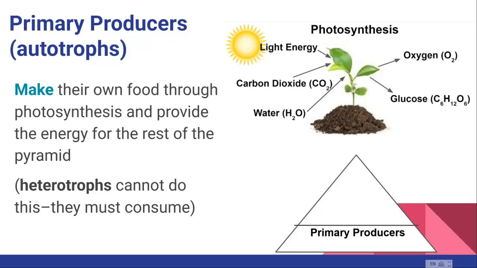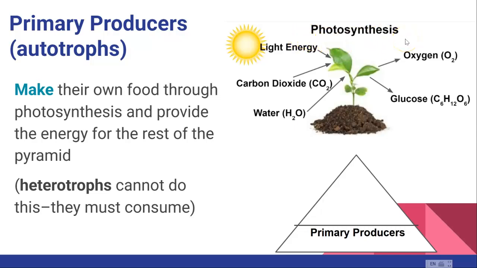So let's take a look at the primary producers. These are also known as autotrophs. Hopefully you guessed that. They are able to feed themselves because, as we know from outcome 1, they are able to take carbon dioxide from the atmosphere and turn it into glucose as their own food using light energy in a process known as photosynthesis.